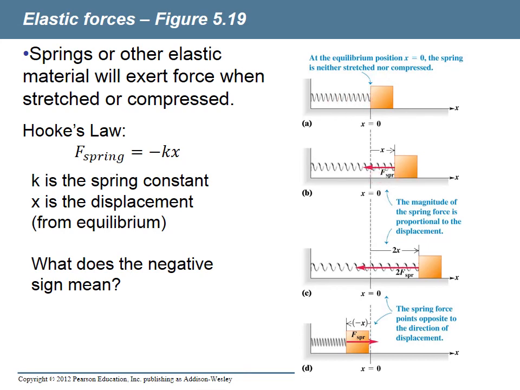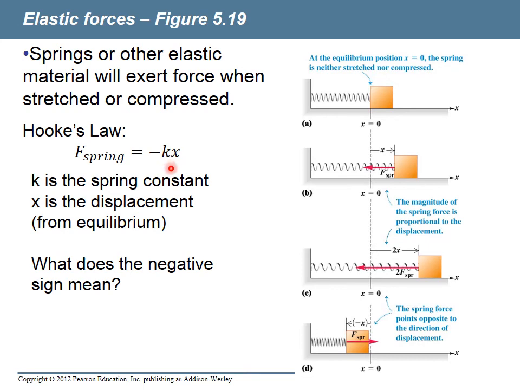Now, if I were to pull this block out, then the spring is being stretched from its equilibrium position, right? And I've displaced this x in the positive direction, right? I had x equal to 0, now x is equal to 5 centimeters or something, right? So I gave it some positive displacement.